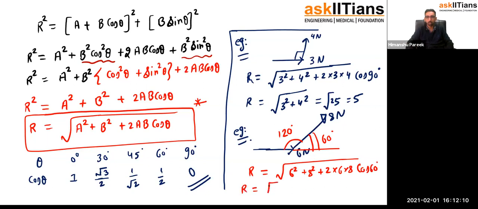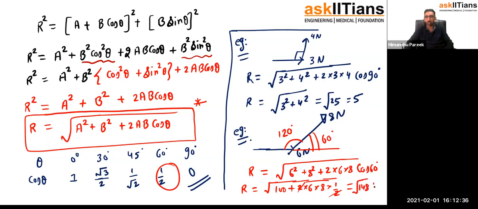We'll just put the numbers here. 36 plus 64, which is 100, plus 2 multiplied by 6 multiplied by 8, cos 60 is half. 2 and 2 will get cancelled out, so this will become 8 6 48. All right. So square root of 100 plus 48, which is square root of 148.